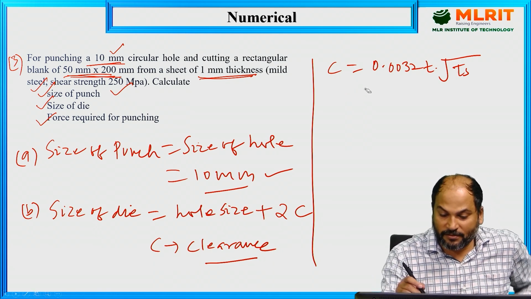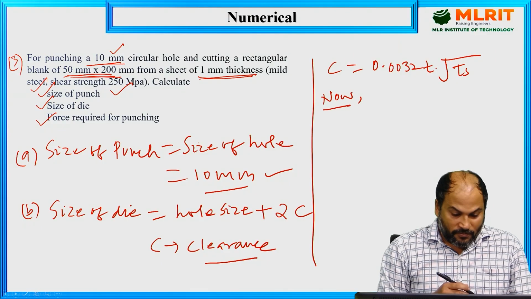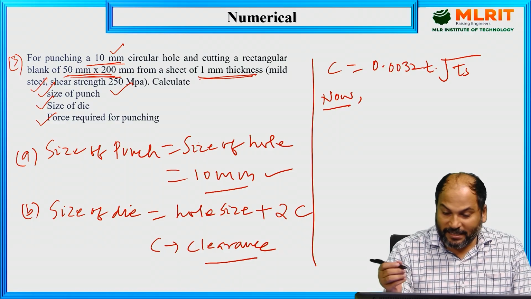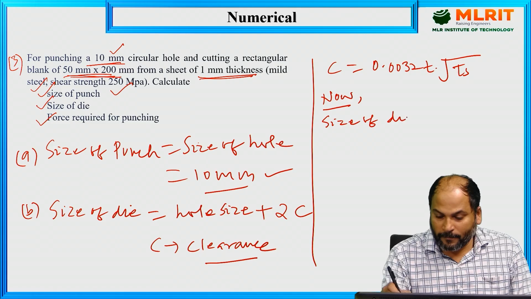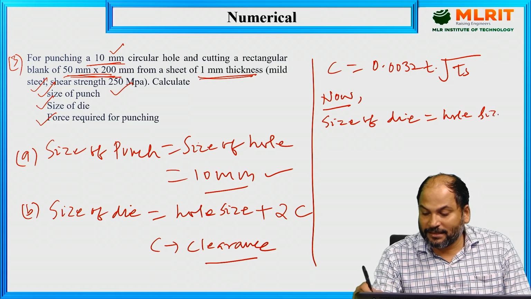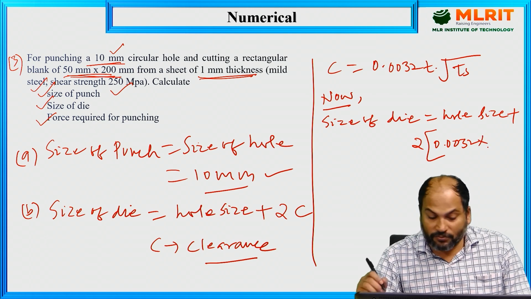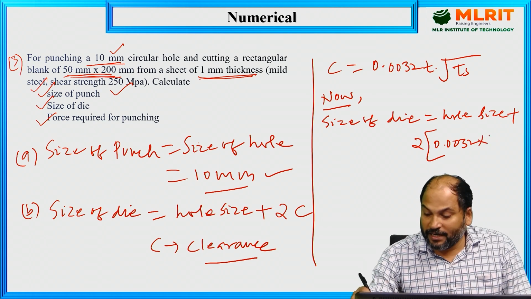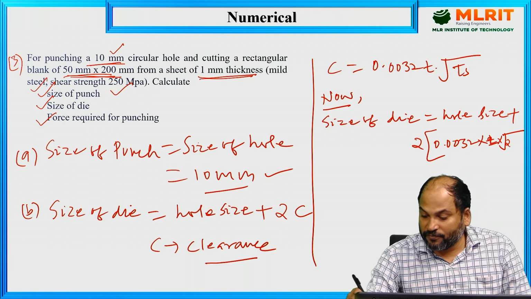Now what do we have to calculate? The size of the die will be simply equal to hole size plus 2 times 0.0032 into thickness, which is 1 mm, into root of the shear strength, 250.